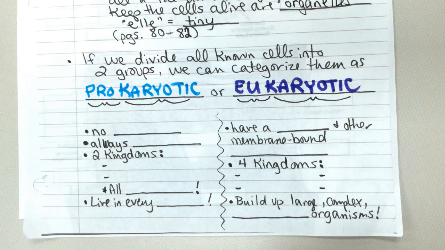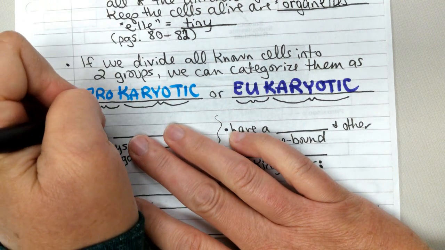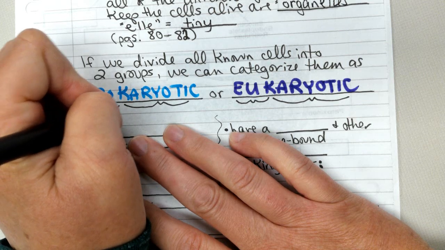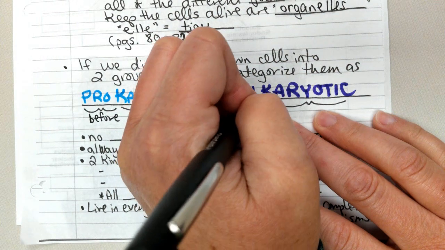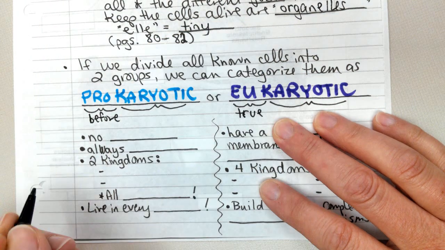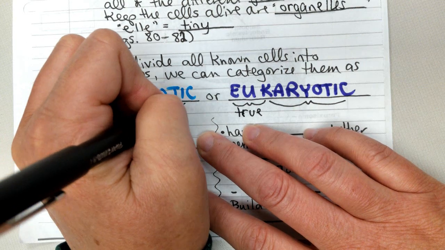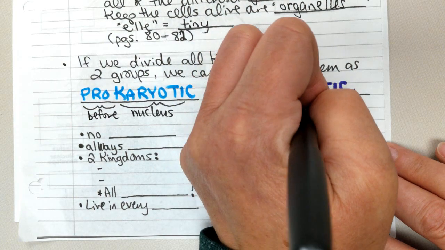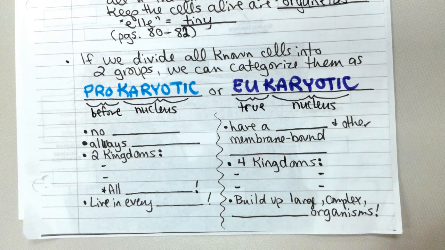And we've talked about, this was all eukaryotic stuff, kind of. So remember that pro means before. Eu means true. And karyote is referring to nucleus. It means kernel. And in the cellular context, we say that it's talking about the nucleus.